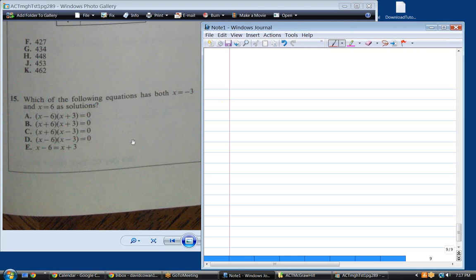Which of the following equations has both x equals -3 and... let's see, would it be A? Because when you have the x-intercepts, don't you change them?